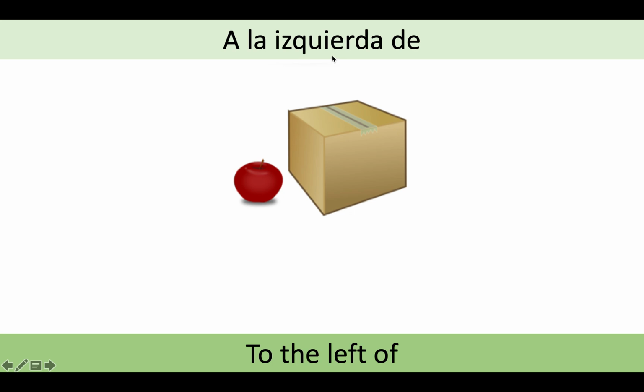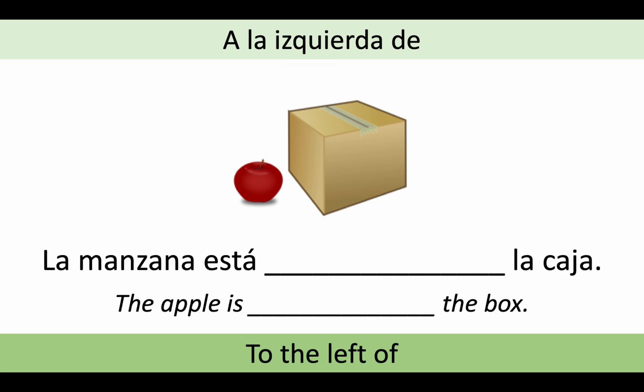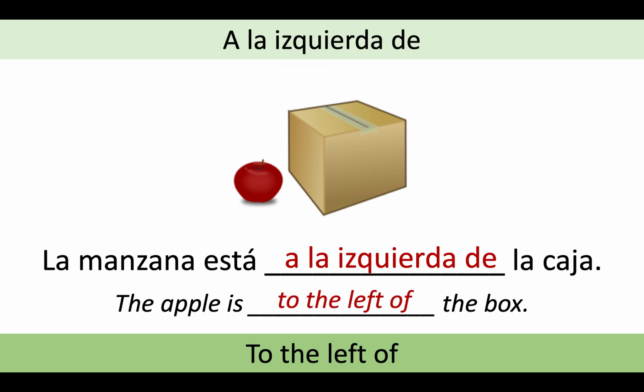Left in Spanish is izquierda. Izquierda. An example would be la manzana está a la izquierda de la caja, or the apple is to the left of the box.